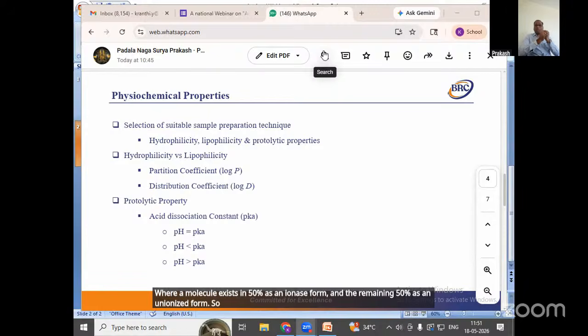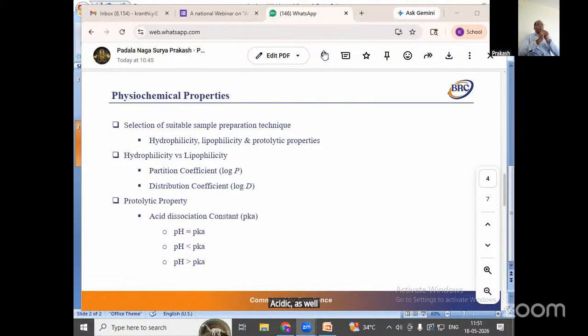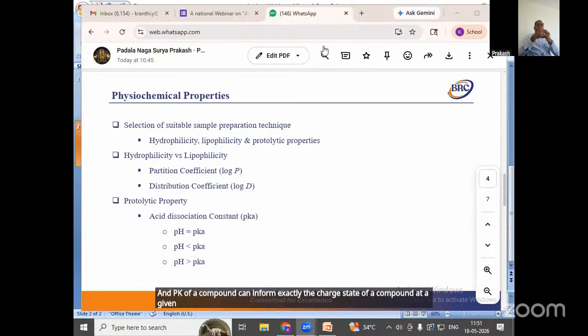Many organic compounds or therapeutic compounds show these prototropic properties and contain both acidic as well as basic properties. The pK of a compound can inform exactly the charge state of the compound at a given pH. It tells us how acidic or basic the compound is. When the pH is equal to pKa, as I said, you get 50-50.